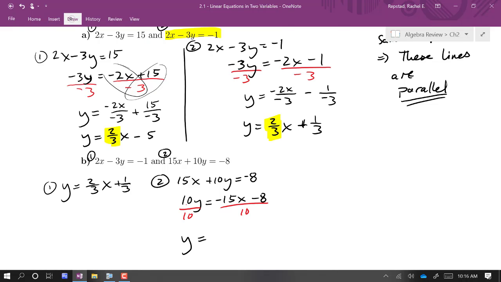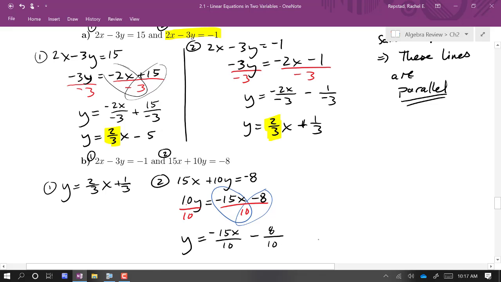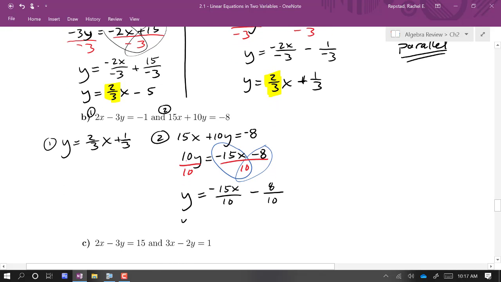Now over here on the right side, again I'm going to split up this fraction over the subtraction up top. So negative 15x over 10 minus 8 over 10, and reducing, 5 goes into 10 twice and 15 three times, so that's negative 3/2 x minus, and then 8/10 is 4/5.